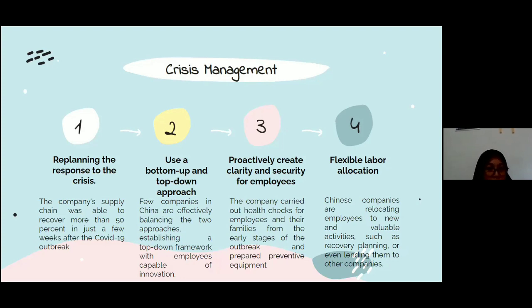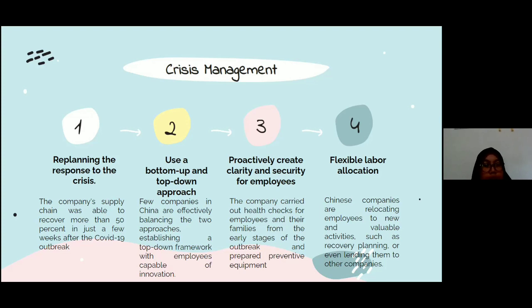In China, the company's supply chain was able to recover more than 50% in just a few weeks after the COVID-19 outbreak. Then they used bottom-up and top-down approach, which in China, few companies are effectively balancing the two approaches, establishing a top-down framework with employees capable of innovation.